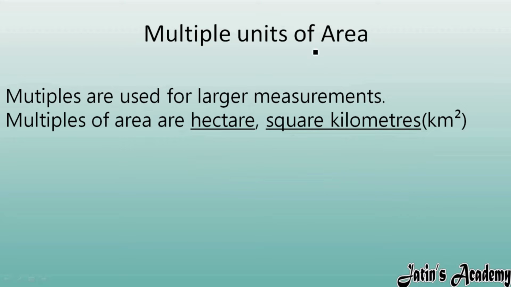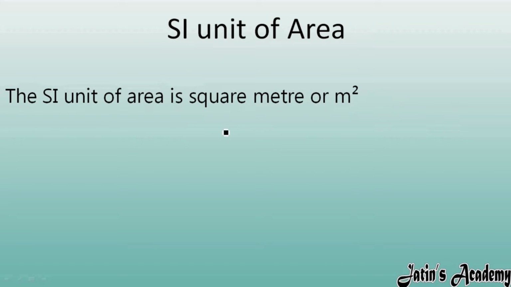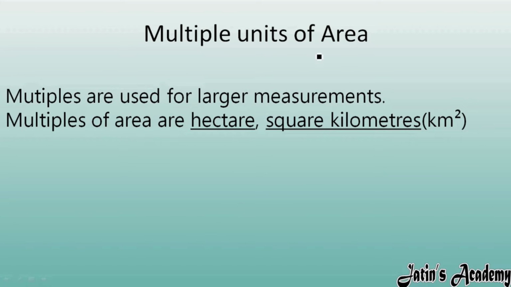Next we have multiples of area. The SI unit of area is meter square. The CGS unit of area is centimeter square, where C means centimeter, G means gram, and S means second. Multiple units of area: what do we mean by multiple units?